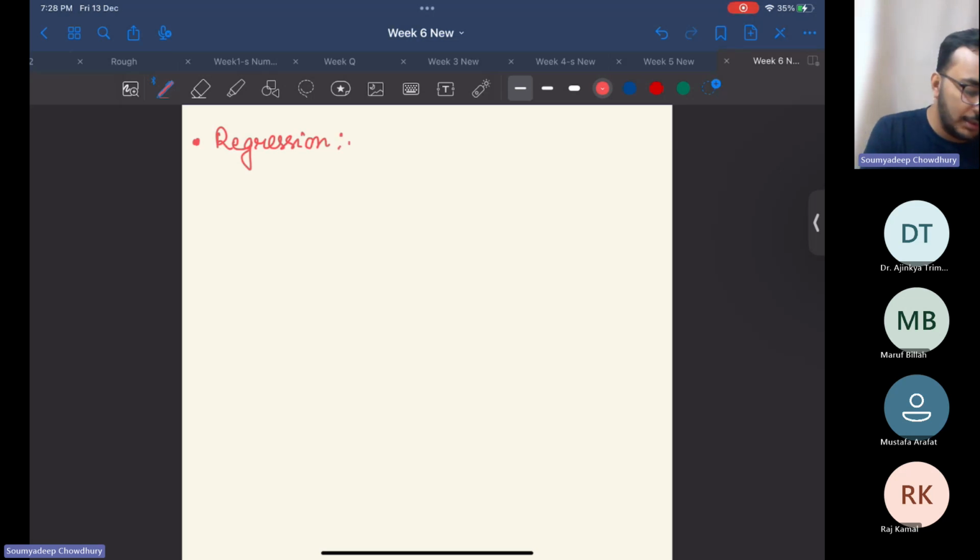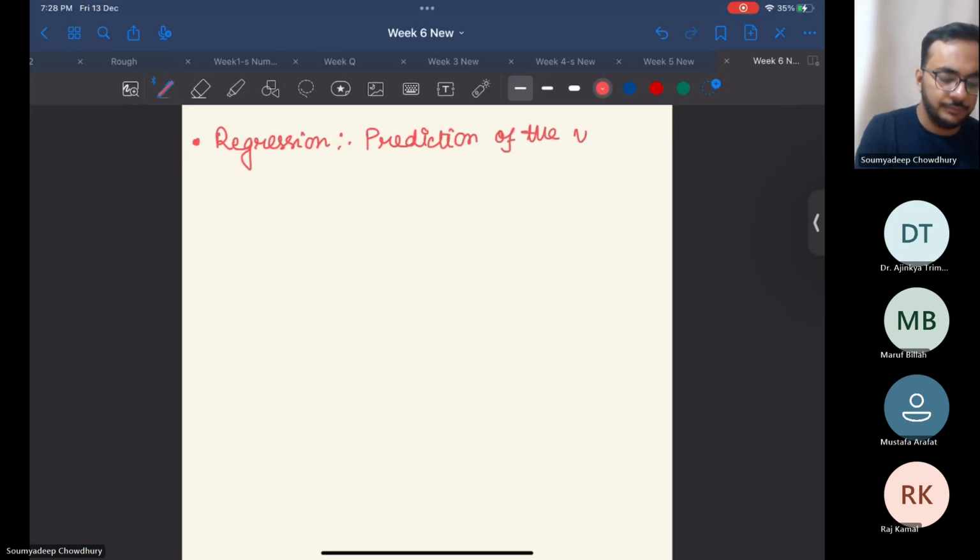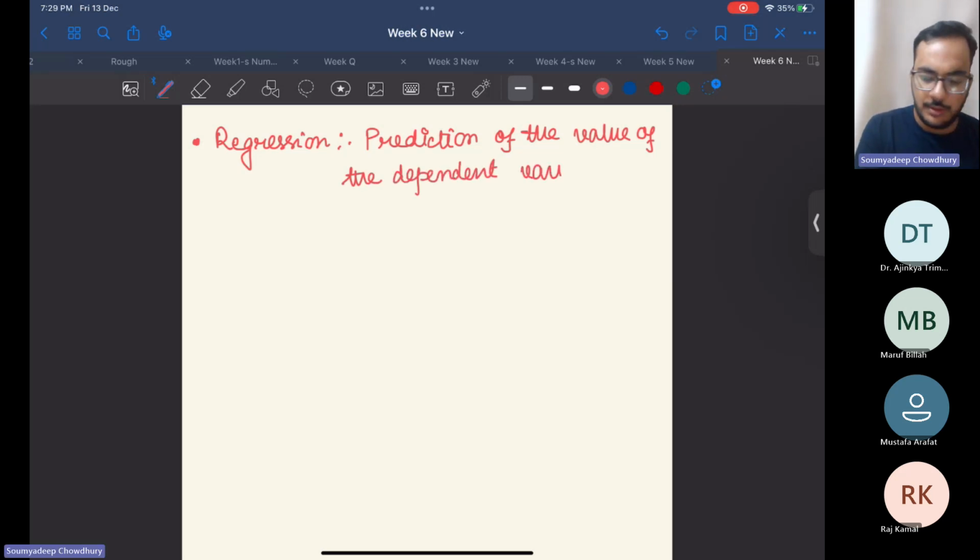Regression is basically the prediction of the value of the dependent variable. So it is to find a correlation.